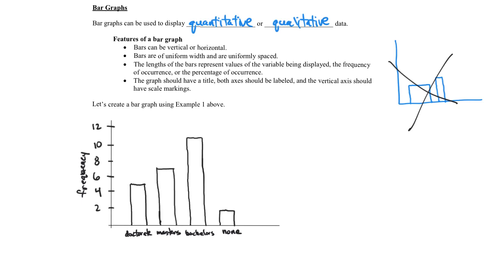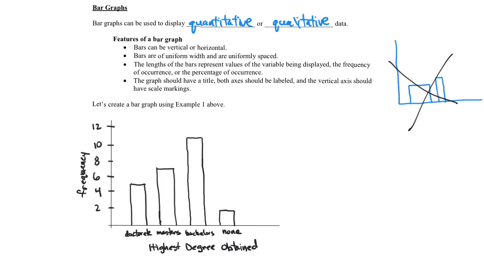So I'll write that down here. And there's different ways to do this. What I could have done is these words here, highest degree obtained, I could have put that in the title also, right? So these are not written in stone. We just have to make sure that we convey information.